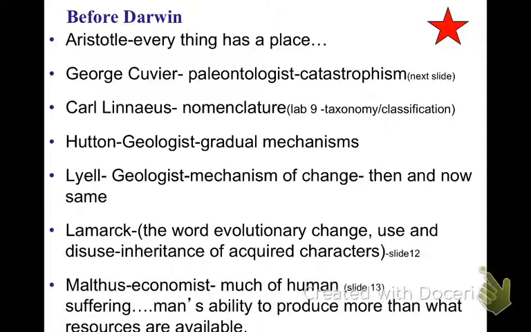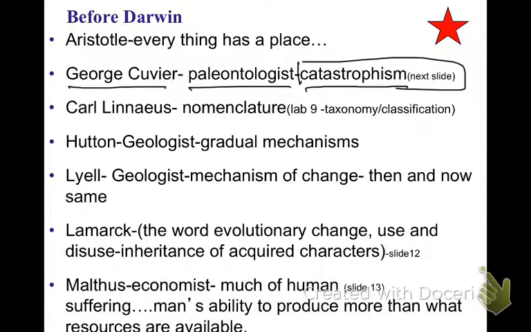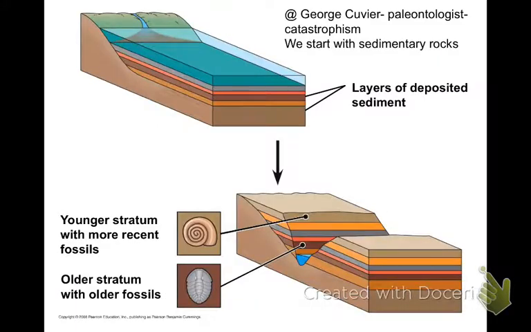a scientist called Cuvier. He was a paleontologist. Interestingly, he's the one who came up with the theory of catastrophism. Okay, so Cuvier was a paleontologist, so he studied sedimentary rocks.